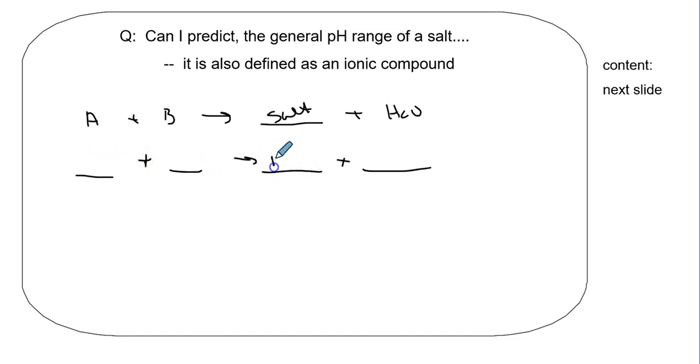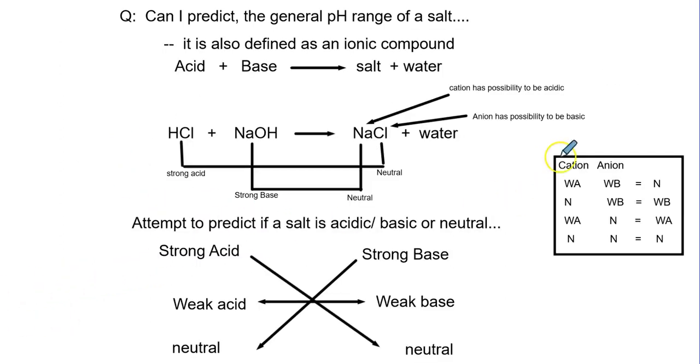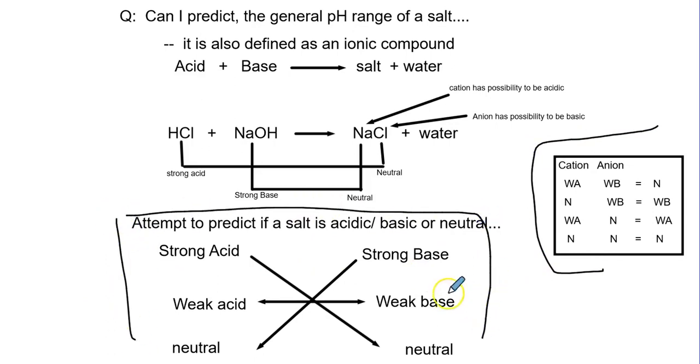If I'm going to get NaCl and HOH, we could unwind this reaction. NaOH would be my base. HCl would be my acid. In that case, keep in mind that this guy right here is strong.